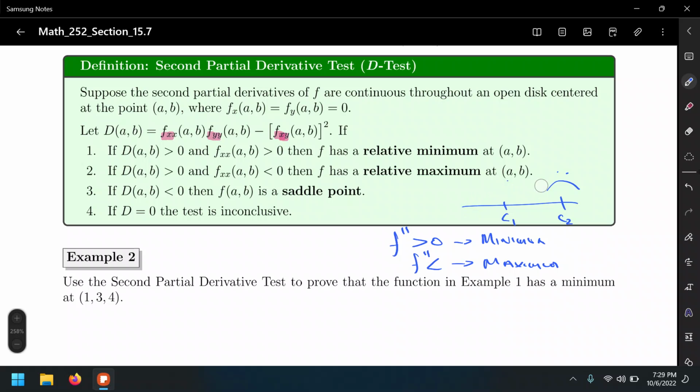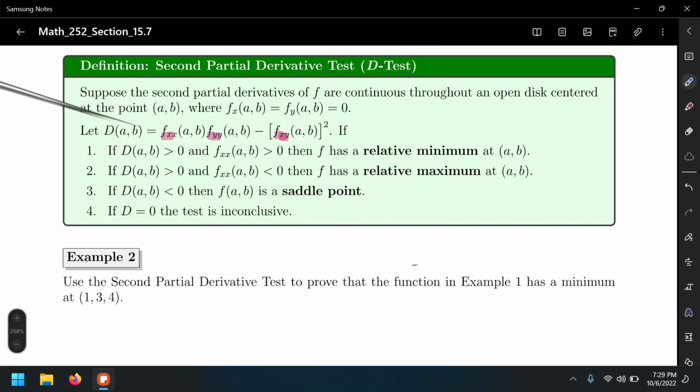So what about them? If we compute this quantity D at all the critical values, it's the second partial with respect to x times the second partial with respect to y, minus the mixed partial squared, all evaluated at those given critical values.